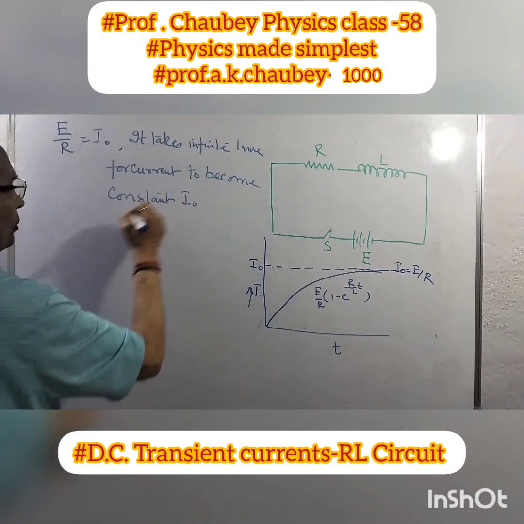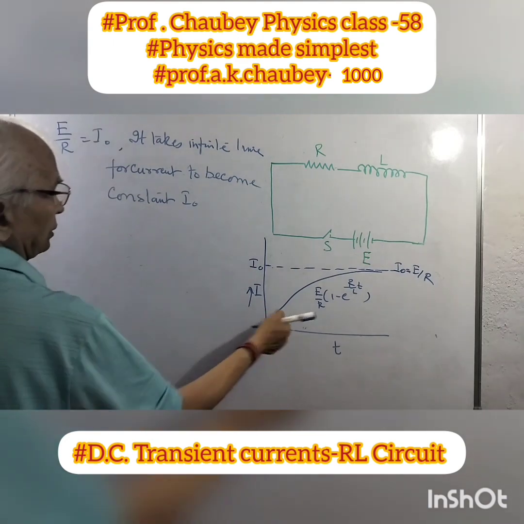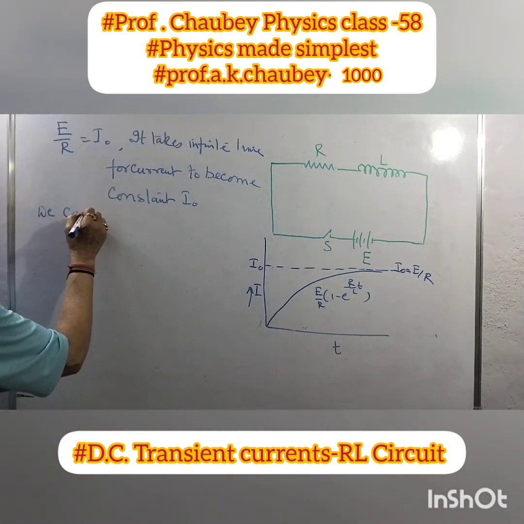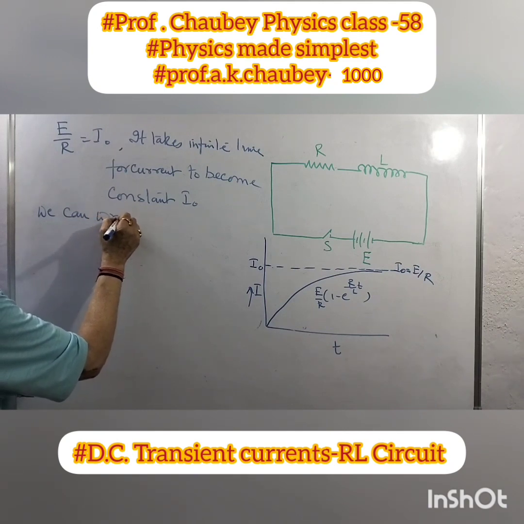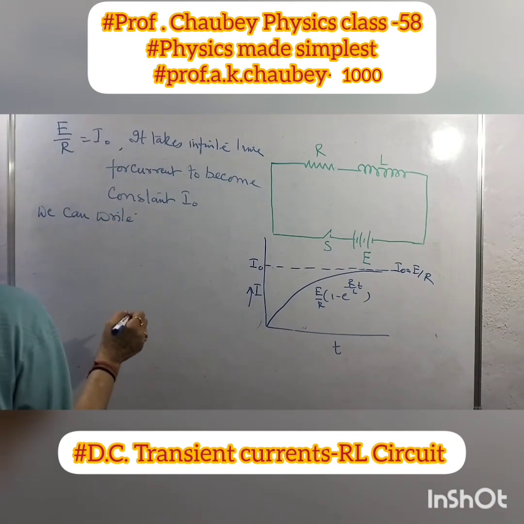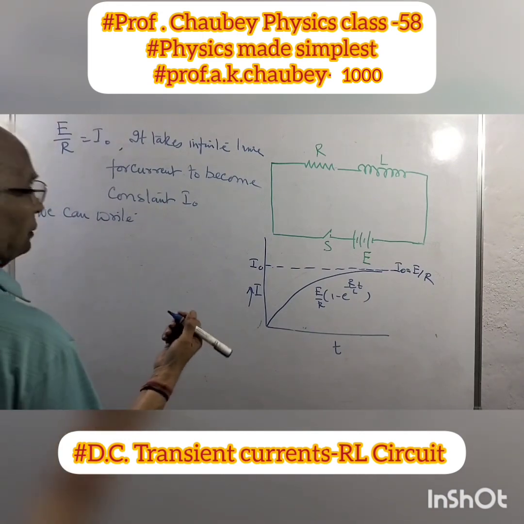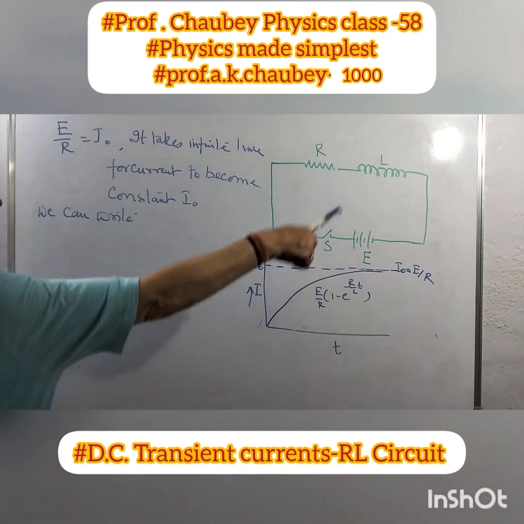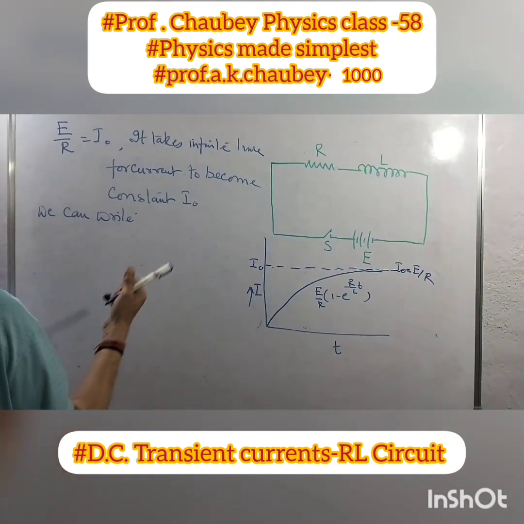Now we can write the equation in terms of i. We can write that E over R is the maximum value, I naught.